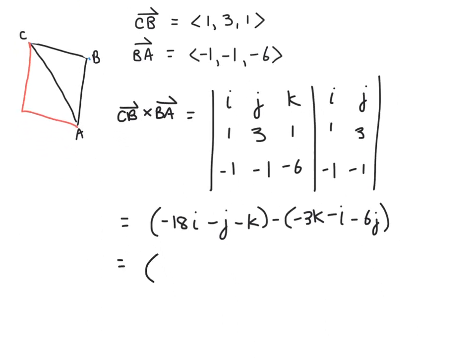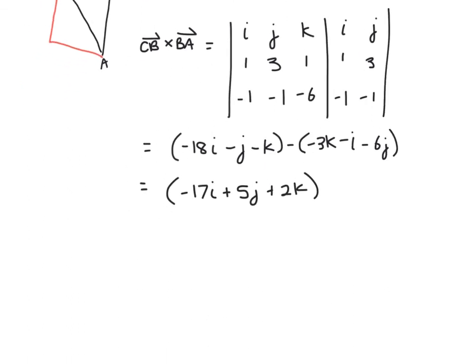We have negative 18 plus 1, so negative 17i. And then we have negative j plus 6j, so plus 5j. And then we have negative k plus 3k, so plus 2k. So this is our new vector, and now we're going to find the magnitude of that vector.